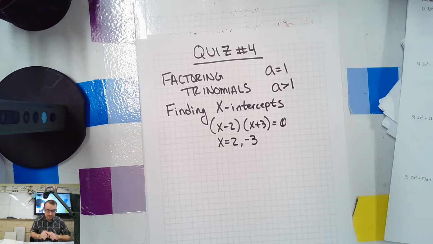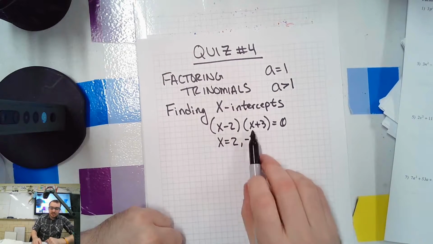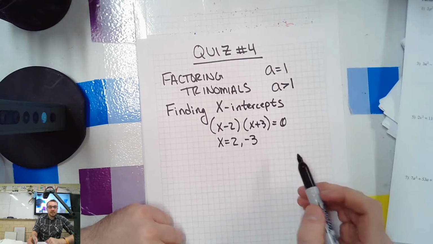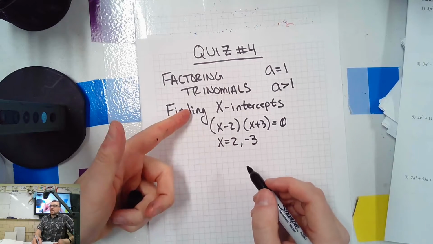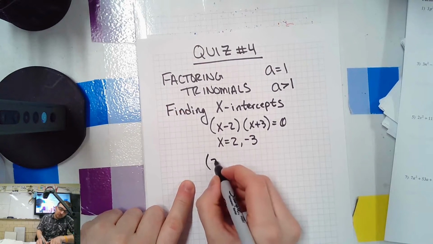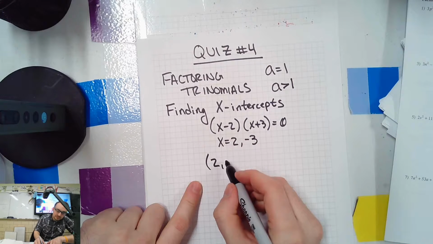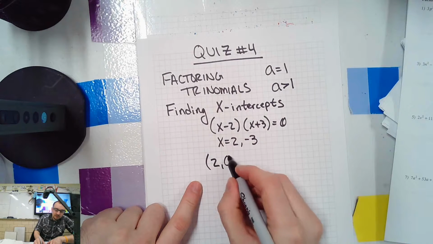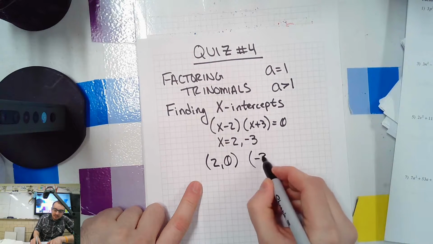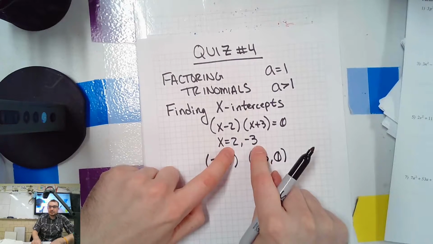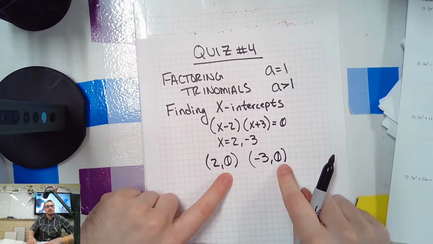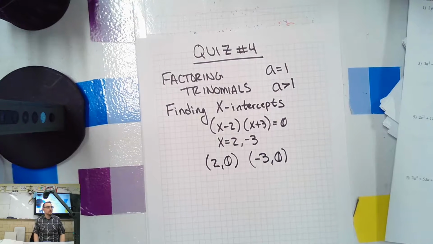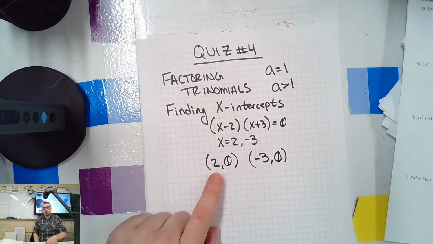Okay, so where is x going to give us 0, right? Well, when it's 2 and when it's negative 3. So a way to write that as x-intercepts, what will the coordinates be? It'll be 2 comma, what? Nope, 0. 2, 0 and negative 3, 0, right? That's what x is, and we said y was 0. Where does it cross the x-axis? At 2, 0 and negative 3, 0.